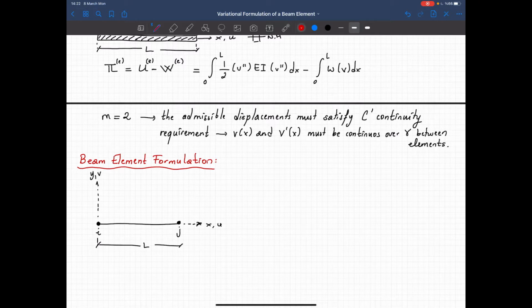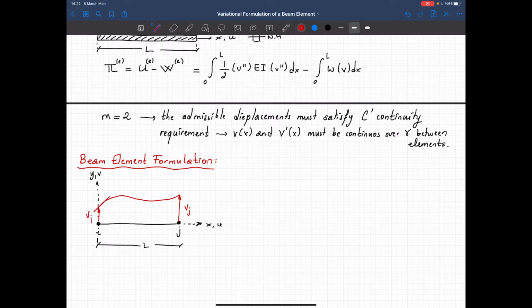So for our nodal degrees of freedom, I can have vi here, vj here, and we will have, let's draw a deformed shape, something like that.